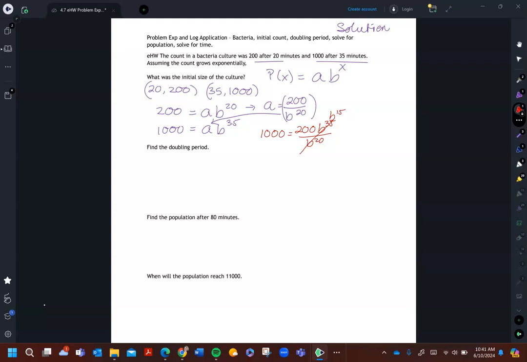That will become 5 equals b to the 15th, and then raise each side to the 1/15th, 1 over 15.